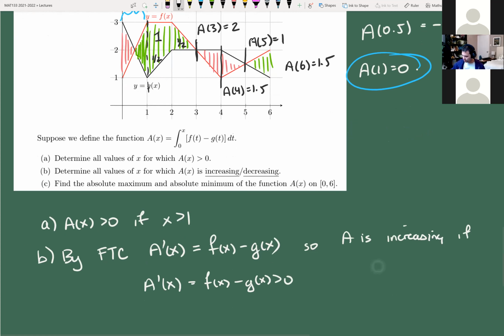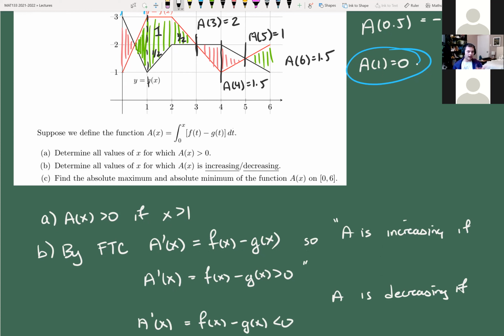And decreasing if A prime of X is less than 0. So now, basically, if you look at the graph, it's going to be increasing on the green portions and decreasing on the red portions, right?